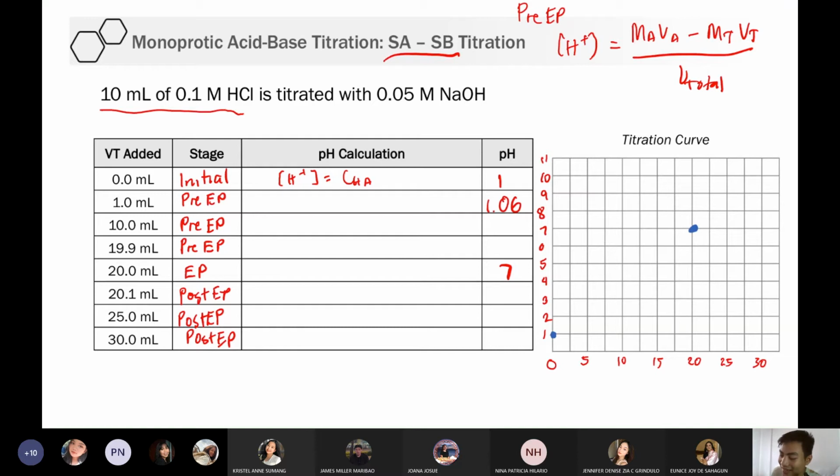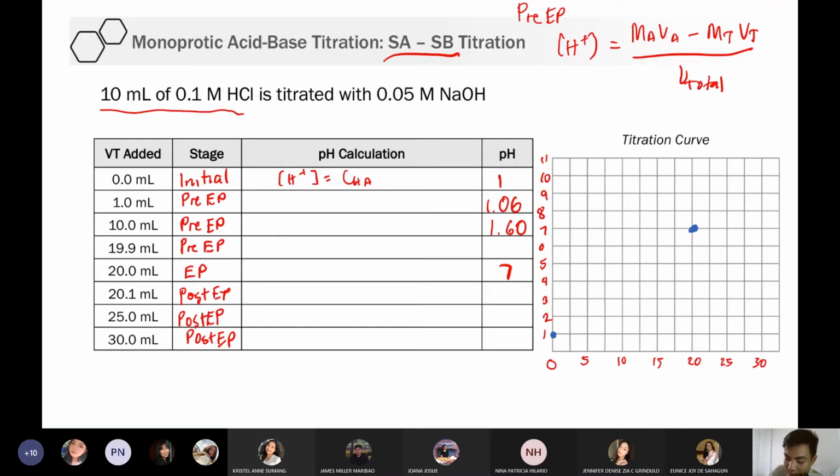Bilis, di ba? Kasi once na ma-type mo na siya sa calcu, papalitan mo na lang yung volume ng titrant. So yung 1 gagawin kong 10. So at 10 ml titrant, the pH is 1.60. Papalitan ko ulit yung volume ng titrant, 19.9.